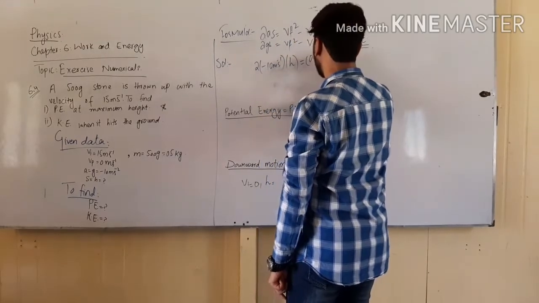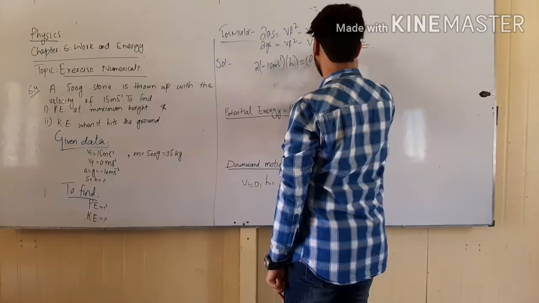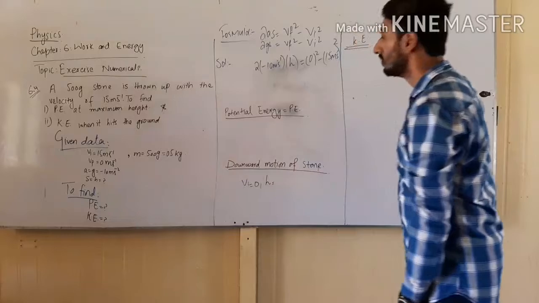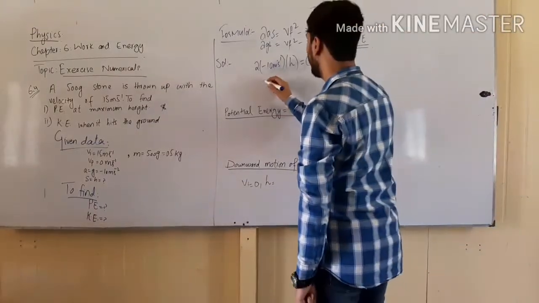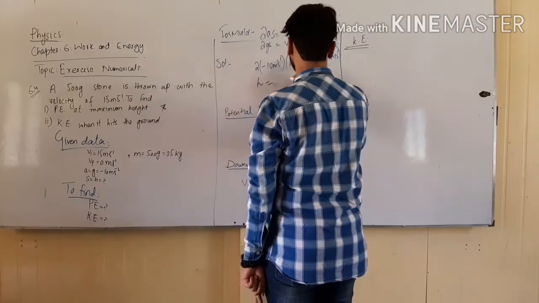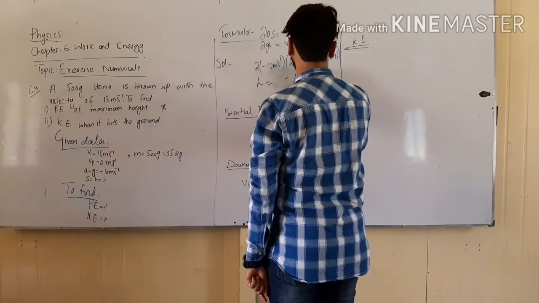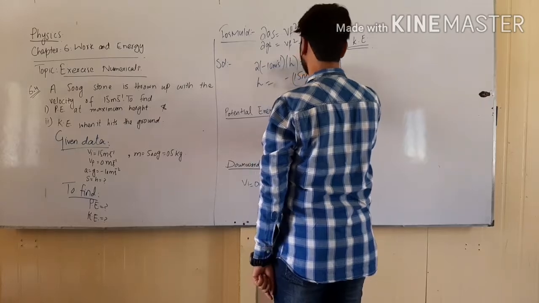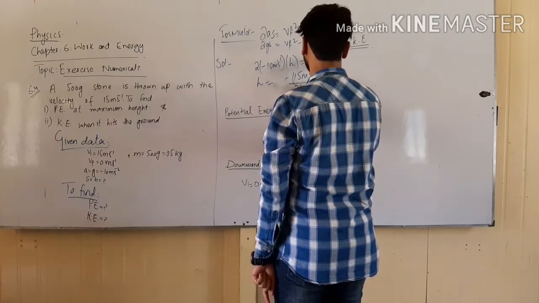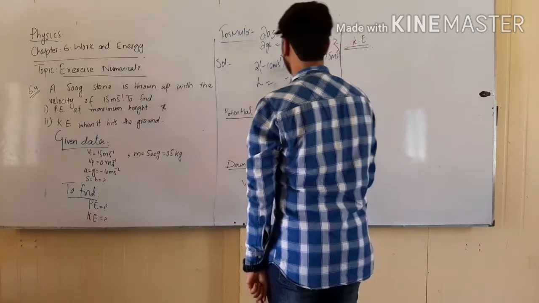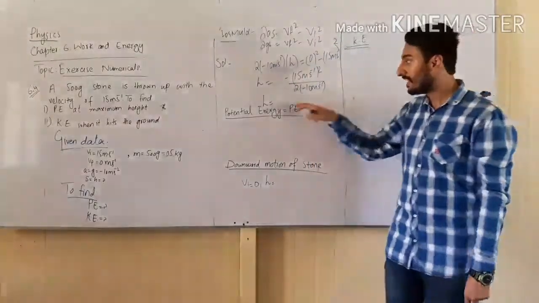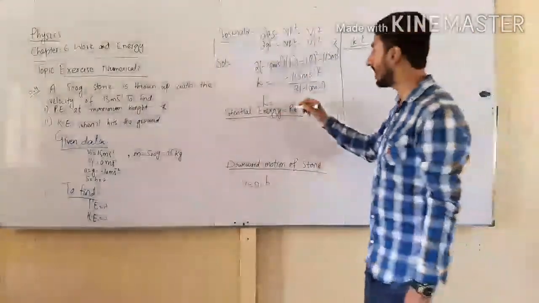Vf is 0 and Vi is 15 meter per second square. So we have to rearrange these values. So when we solve these values, the value of h is 11.25 meter.